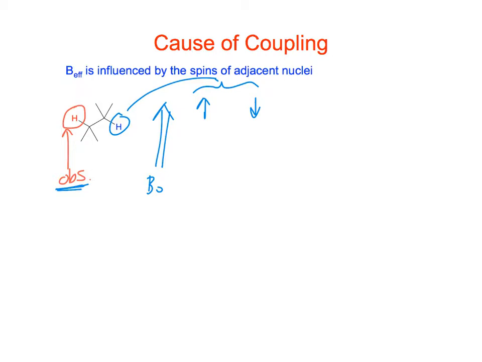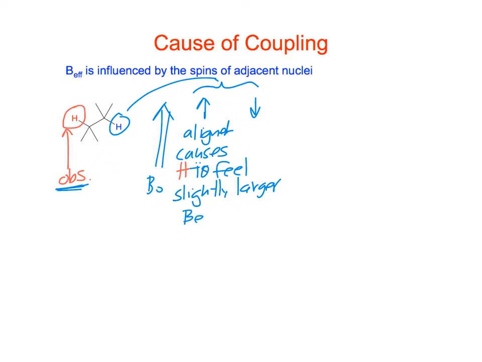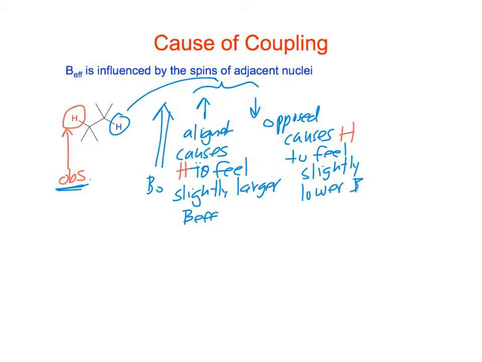So when this one is aligned, it causes the red proton, H, to feel a slightly larger B effective. And when this one is opposed, it causes H to feel a slightly lower B effective.